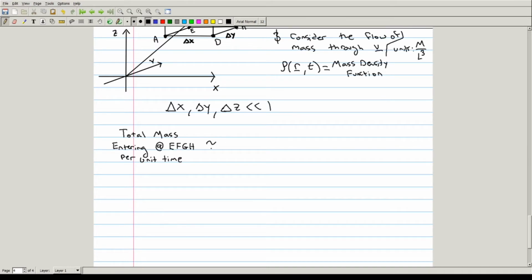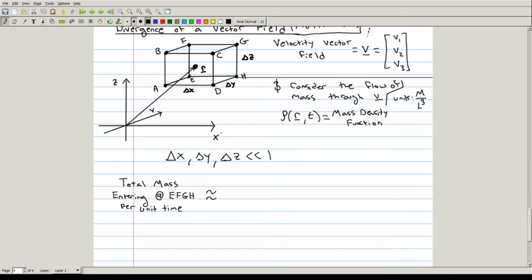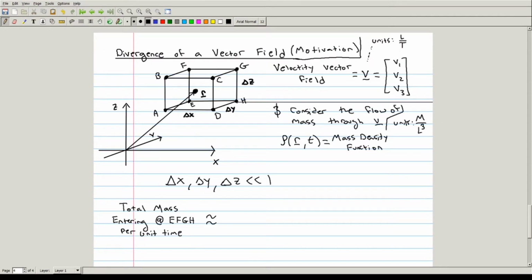And this is approximately equal to what? Well, let's try and get that nice approximation here.